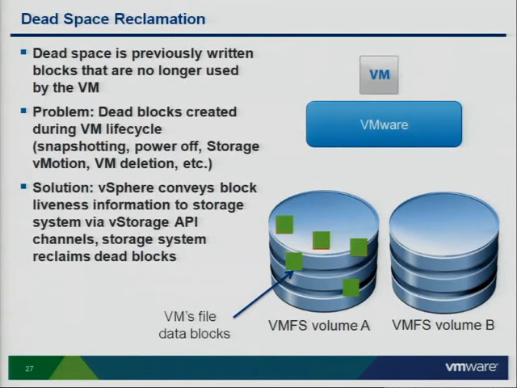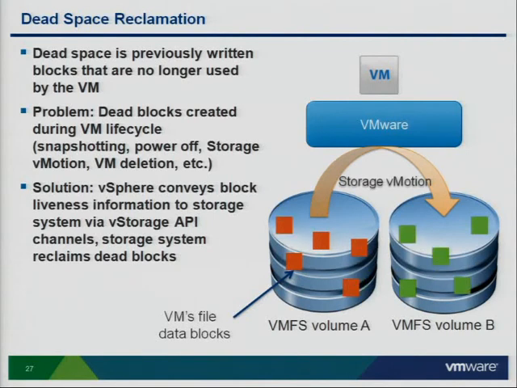And so on the right, I'm showing a VM example, and we are going to use storage vMotion as an example. The virtual machine has stored its data on VMFS volume A, and the data could be a bunch of files, which are eventually a bunch of blocks on the VMFS volume, which I'm showing in green. Now, when you storage vMotion a VM, those blocks will migrate to volume B, but no one will tell volume A that the blocks in red are no longer used, and hence can be removed.